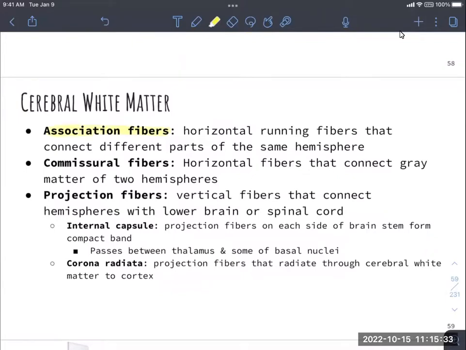So they're going to communicate between different parts of the same hemisphere, while commissural are going to communicate between the two hemispheres. Projection fibers. They help to connect the hemispheres to the lower brain and or the spinal cord.